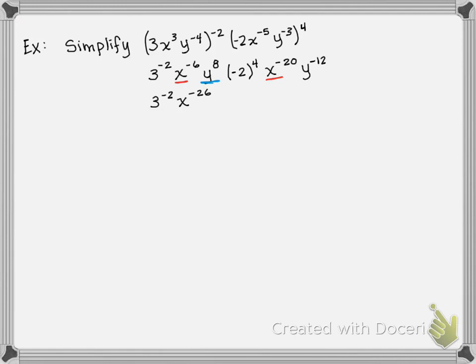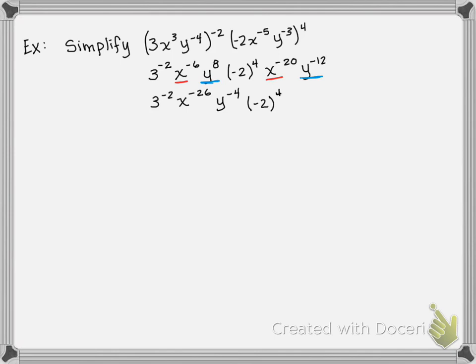And then I also have a product of exponential expressions with a base of y. So that's y to the negative 4th. Everything you know about adding and subtracting negative numbers is still exactly the same when you add and subtract exponents. And then we have negative 2 to the 4th power.